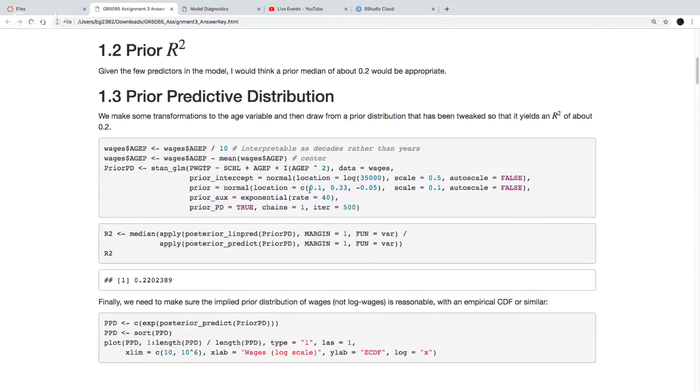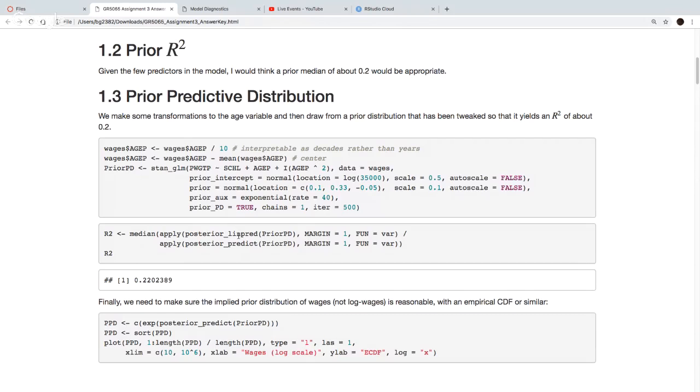You don't need a whole lot of draws to make the assessments that are asked for in this, which is to calculate the ratio of the variance across people of the linear predictor, which in the case of a Gaussian model with identity link function is going to be the conditional mean, divided by the variance across people of the posterior predictions, which includes the contribution from the error term.